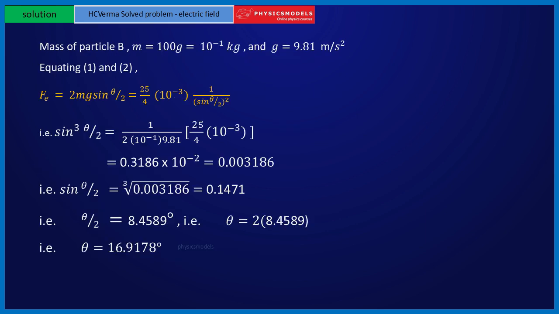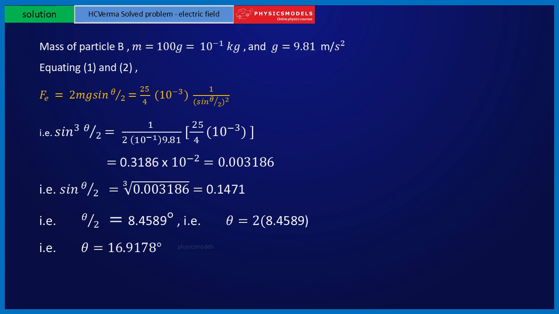Now we have to equate the two terms that we found for Fe. mg is known, mass is given, and we can take g as 9.81 meters per second square. So when we equate the two sides as shown here, we will get sine cube theta by 2 on the left hand side, and on the right hand side we will get all the numbers.